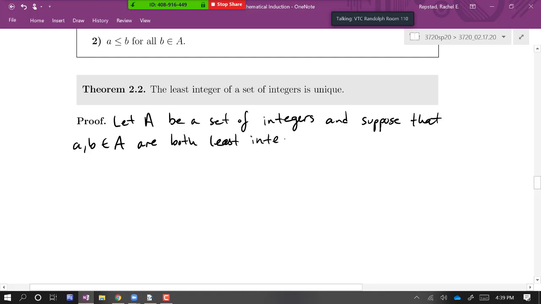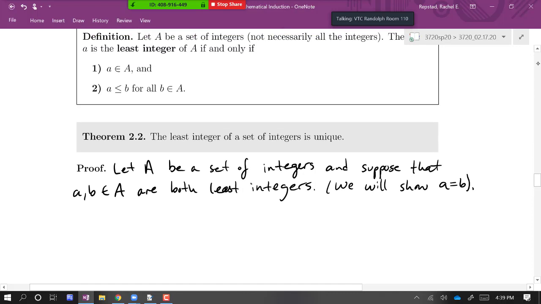This doesn't take too long to prove. Going up here, just by this definition, A and B are both elements of the set.